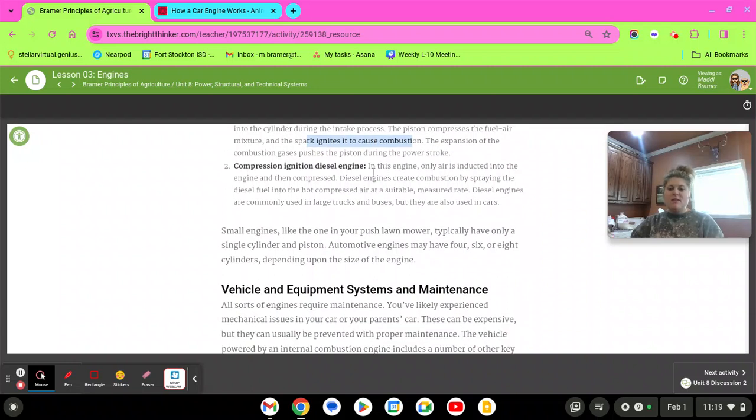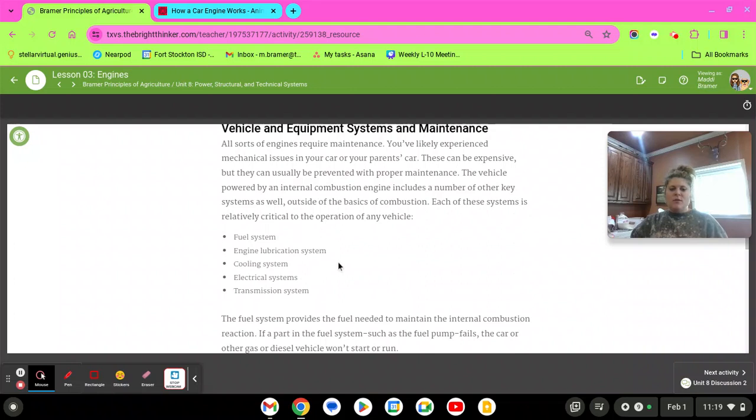Compression ignition diesel engine: only air is inducted in the engine and then compressed. The diesel engine creates combustion by spraying the diesel fuel into the hot compressed air at a sustainable measured rate. Diesel engines are commonly used in large trucks and buses, but they're also used in cars. Diesel engines typically tend to give a little bit more power. That's why they're used in these larger vehicles.